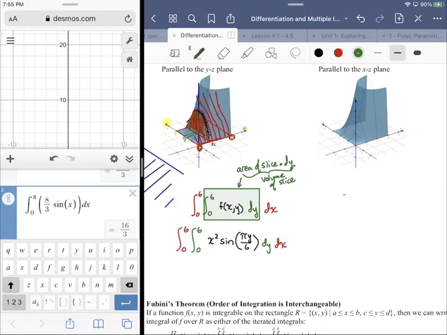It's going to be from 0 to 6, then 0 to 6, f of x comma y, dx, dy. We're switching the order of integration, but it's a question of, okay, well, why? Why are we allowed to do that? All right, because you know that it's just a matter of switching it around. It's just a question of, okay, what on earth made us think to do that? Why are we allowed to do that?